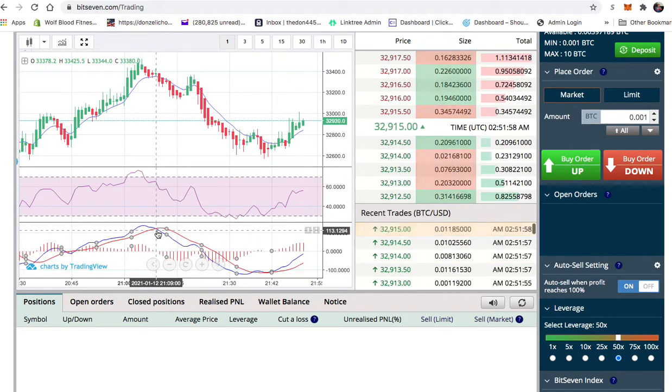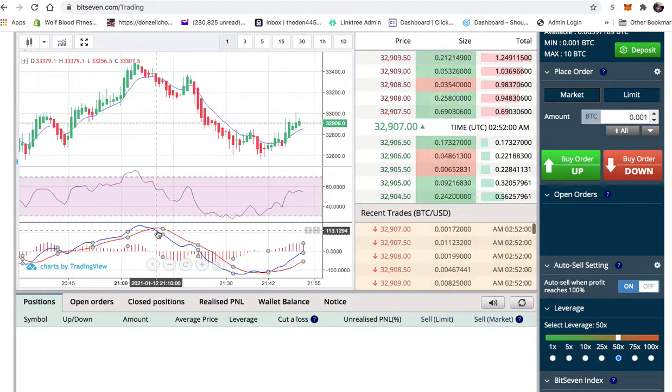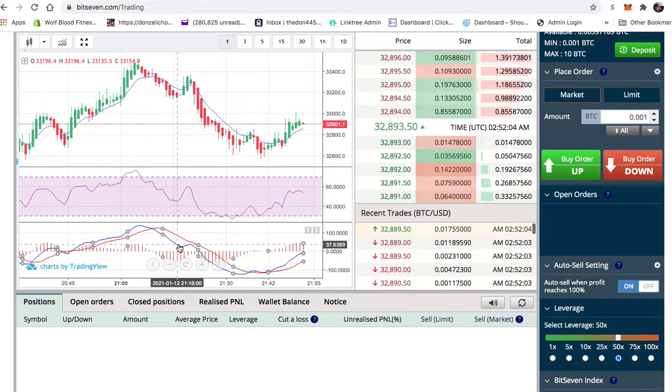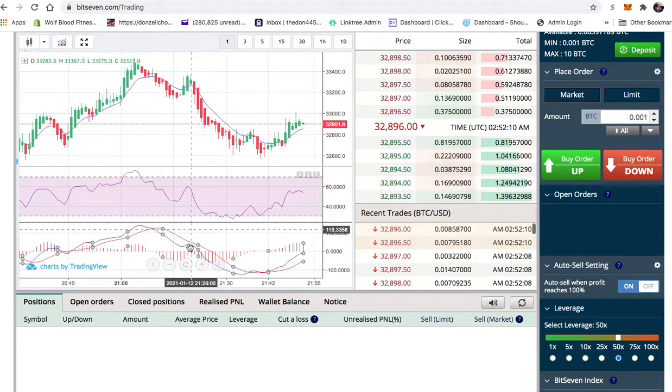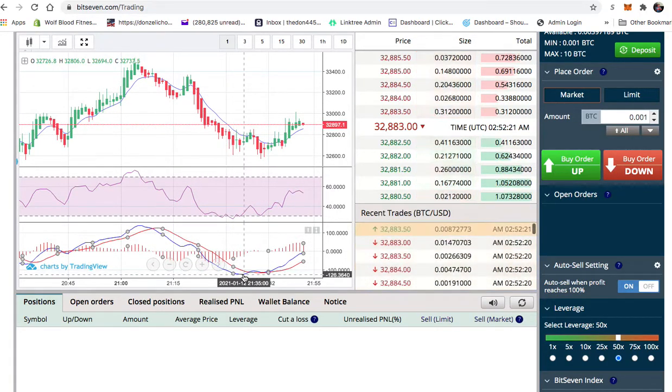Now your moving average line is below your signal line right here, and as it comes down, you can see the candles. You got a little bump right here, which are these candles right here. It keeps coming down though. It stays below your signal line, and right here, when it starts to move, you can see it coincides with your RSI.